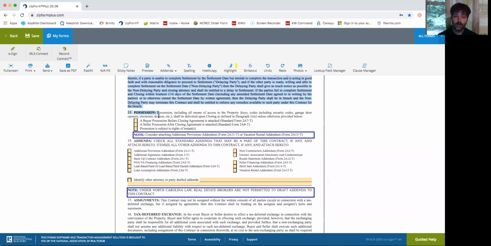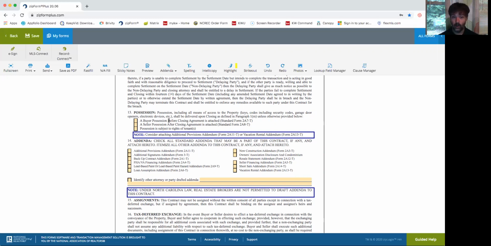There is the opportunity to do a buyer possession before closing or a seller possession after closing. I'm not a huge fan of either of those. Try to steer clear. There's a lot of issues if you have to do that. Again, I've already told you to do a walkthrough, right? Well, what if you do a buyer possession prior to closing... what if you allow seller possession and you now no longer have the ability to do an accurate walkthrough prior to closing because the seller is still in it? And inevitably, their rug, their couch, their furniture is hiding something that you weren't able to inspect.